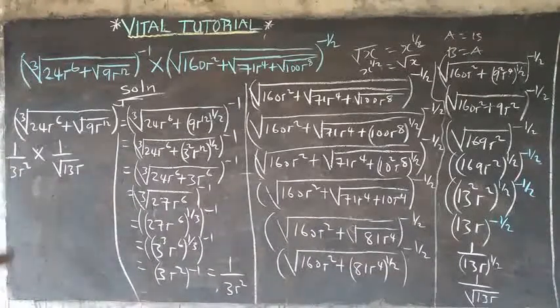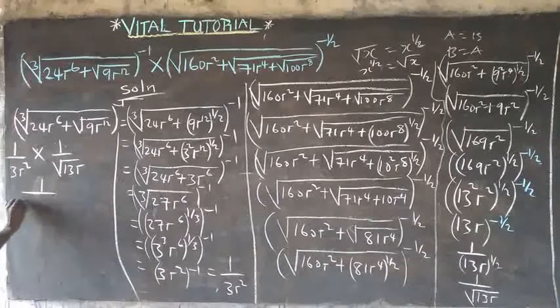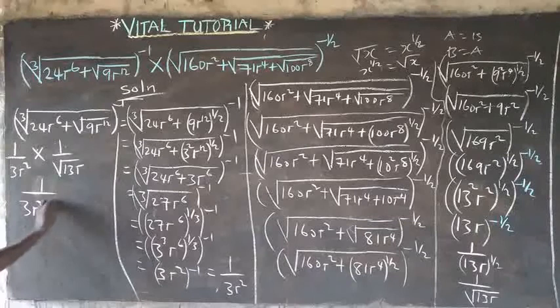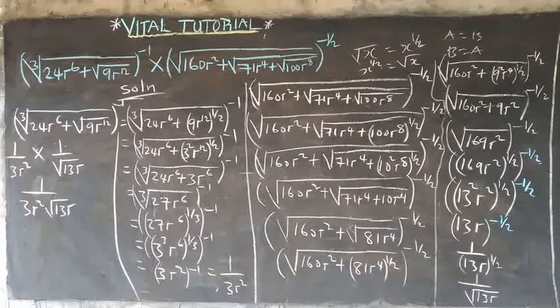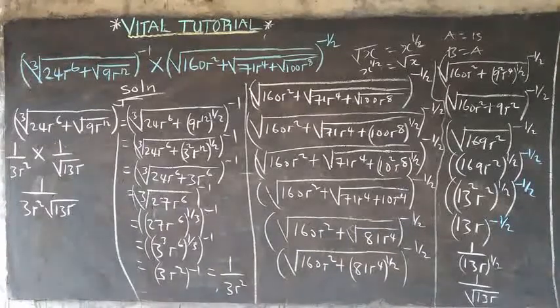So 1 times 1 is 1 all over 3r square and square root of 13r. Yes, I would love to leave the answer like this, but we can still do some things here. Yes, I think we can still do something. Okay, instead of leaving the answer like this, let me do something.